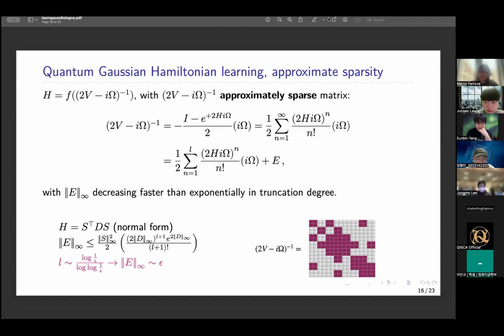Okay, so let's go back to Hamiltonian learning. As I said, (2v minus I omega) inverse is approximately sparse.